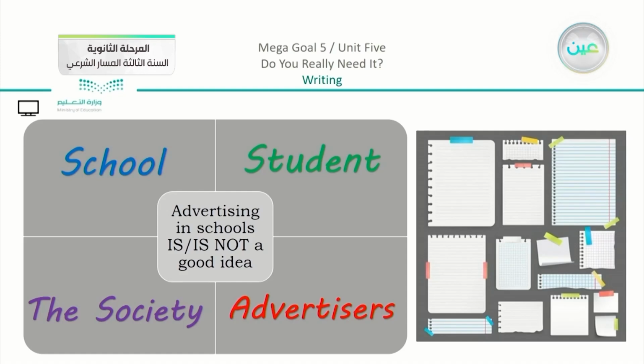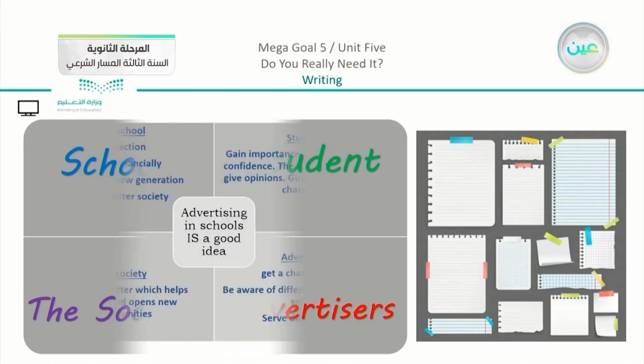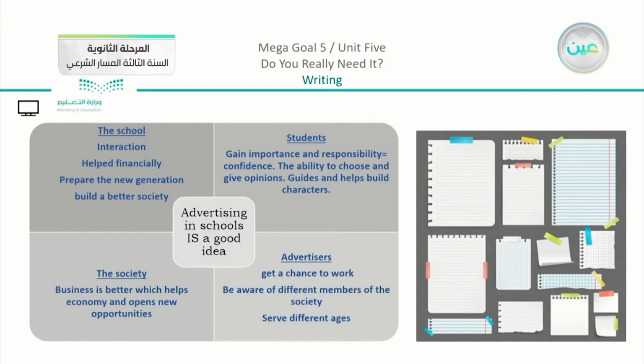Now, we can see that we can organize these thoughts, as I said, very simply here. You can see that I wrote here the school. I had the words interaction, helped financially, prepare the new generation and build a better society. Now, talking about the students, we have here to gain importance and responsibility. Confidence, of course, is the result.